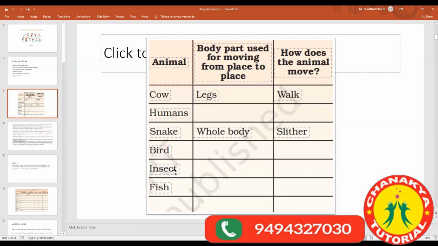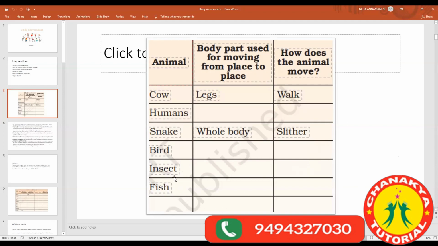Next is snake, and it uses its whole body to move, and it moves by slithering. Then is bird. Can you tell me which body part does a bird use to move? Feathers. Yeah, feathers. And how does it move? By flying. Yeah, it flies.